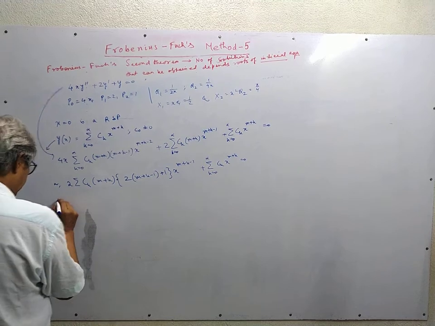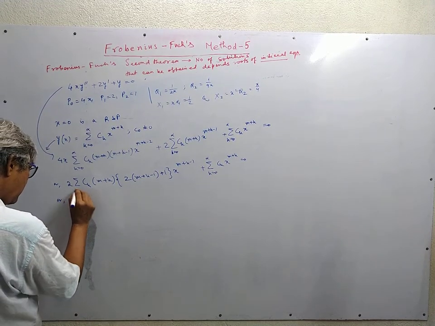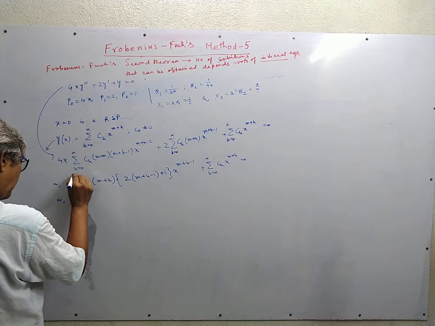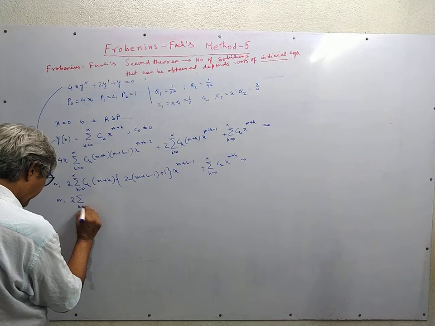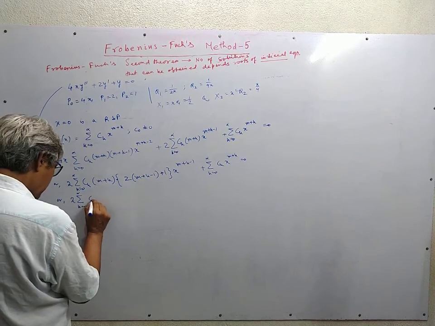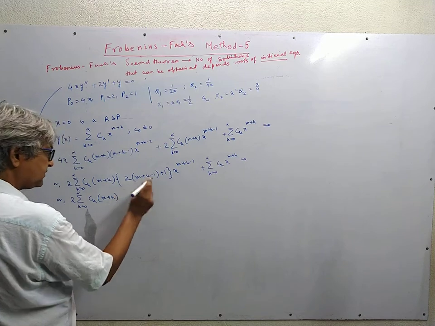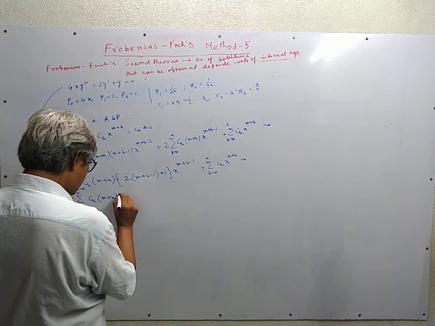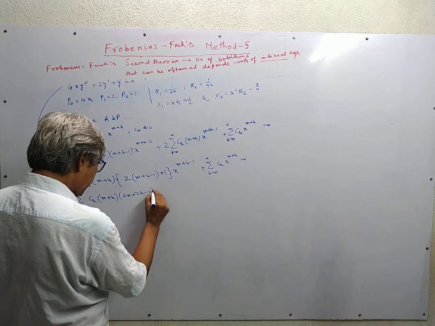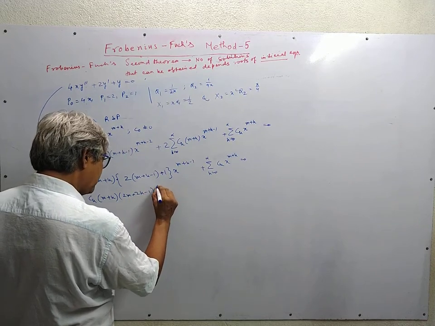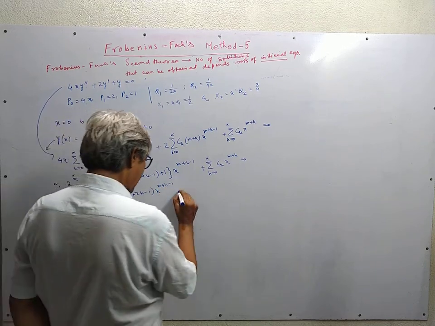On simplification, this gives summation k equal to 0 to infinity c_k m plus k times 2m plus 2k minus 1 x to the power m plus k minus 1.